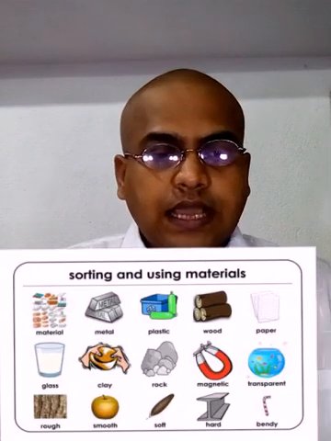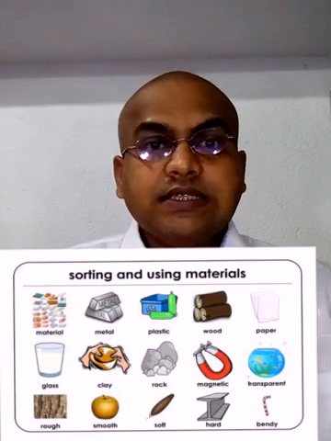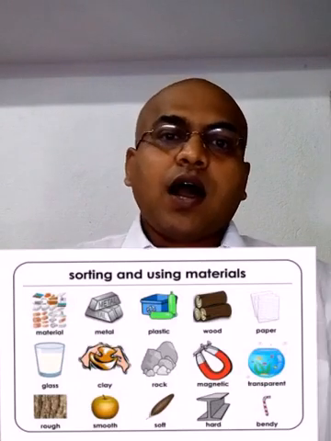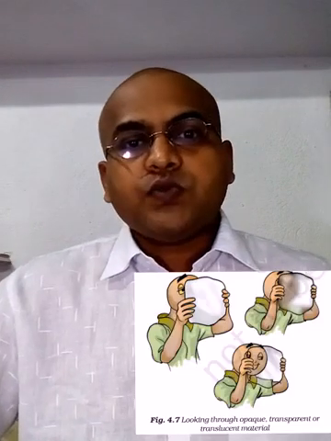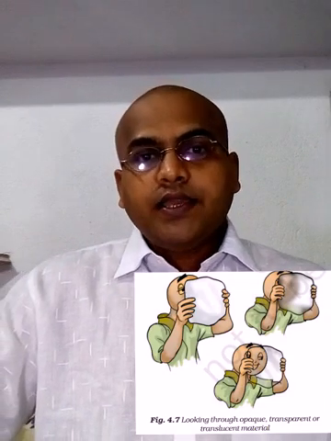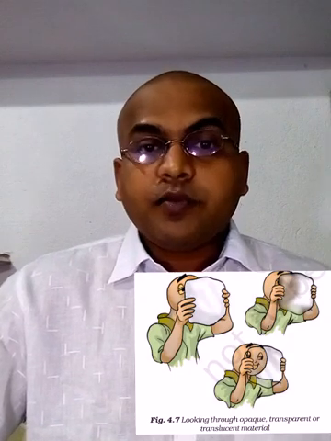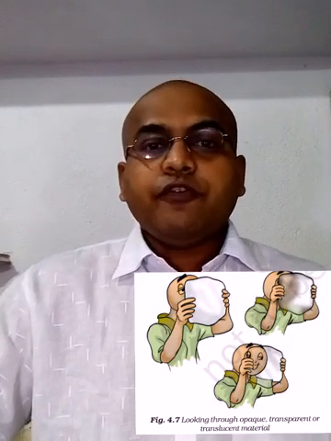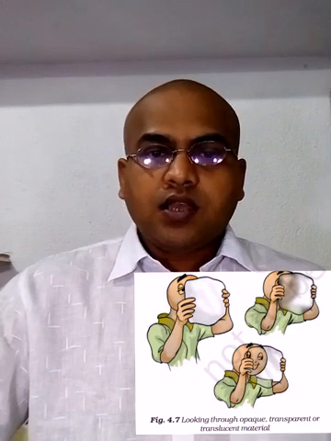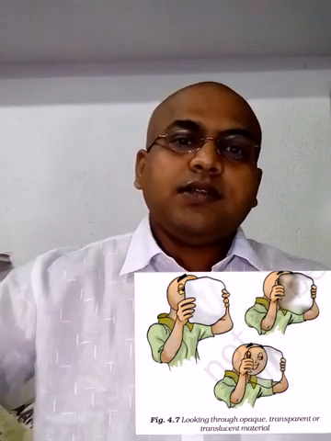So we all know that in our childhood we play hide and seek. In this game we have to hide ourselves and one of our friends will try to find us. So we try to hide behind a thing through which our friend is not able to see us. But suppose you hide behind transparent glass, a glass through which you can see the other side.